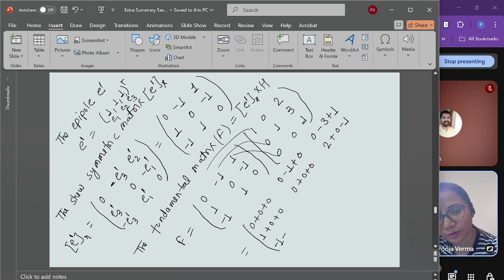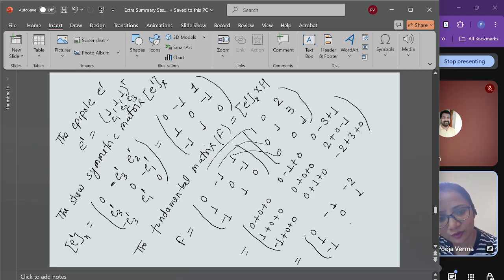So here you will get minus 1, 0 plus 0, 0 plus 1 plus 0, and minus 2 plus 3 plus 0. Overall you will get the matrix 0, minus 1, minus 2, here 1, 0, 1, and minus 1, 1 and 1.